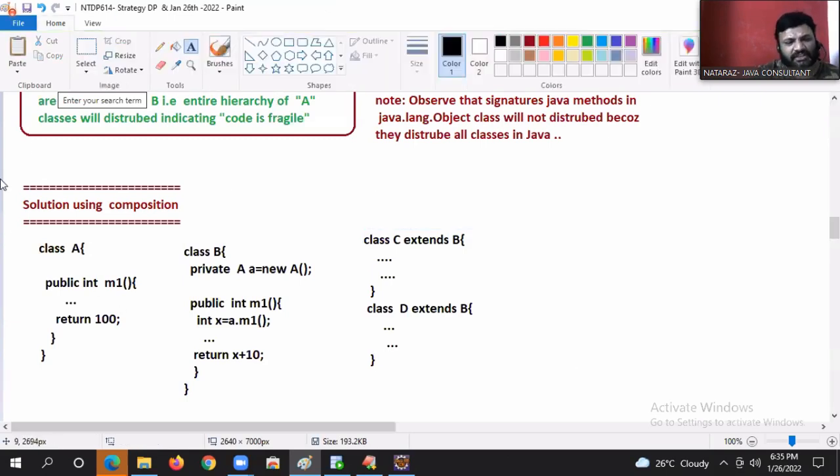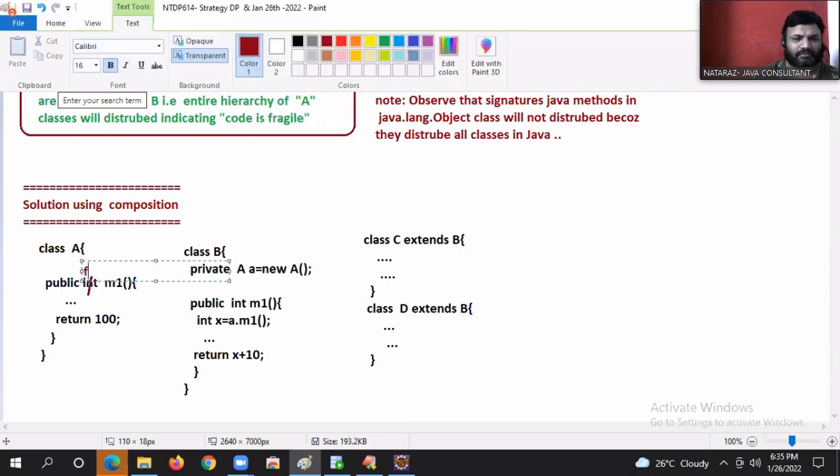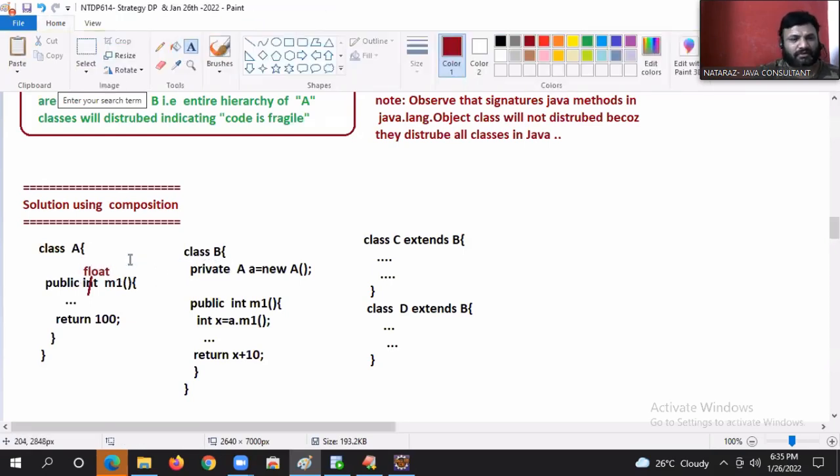Now tell me, if I change the signature of M1 from int to float, what is the story here?